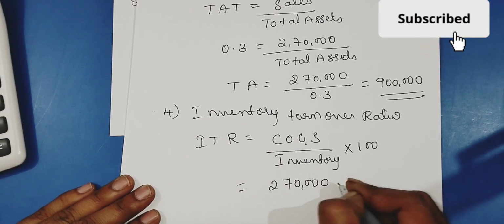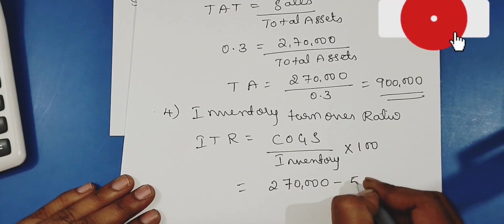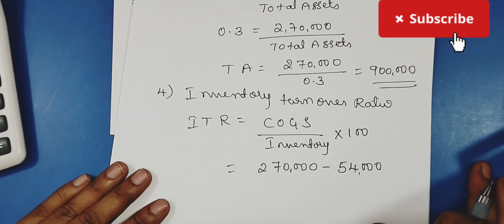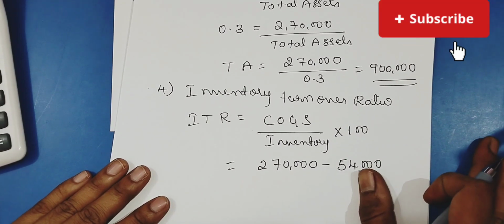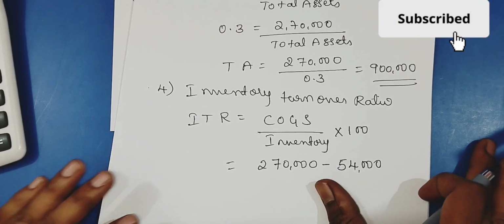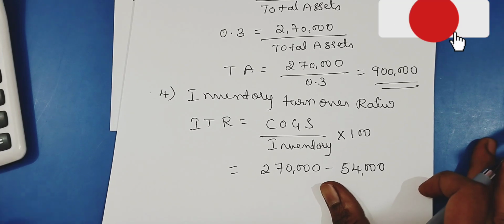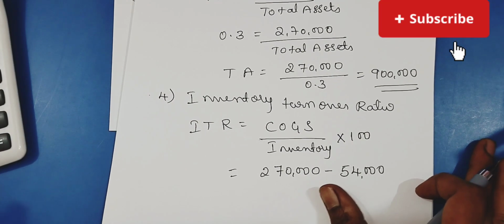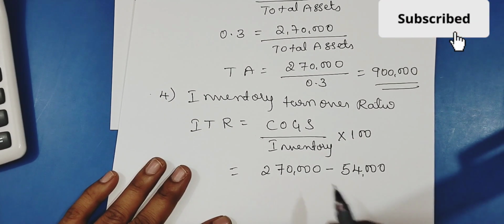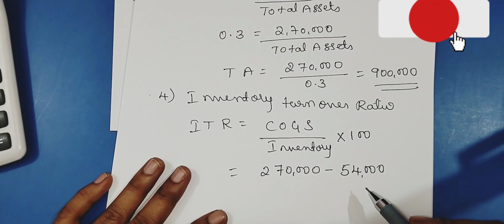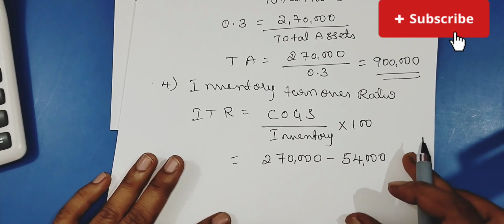From this, if we minus GP, 54,000, we will get COGS. So what do we mean by COGS? Cost of goods sold. Whatever we have spent for the production, that is opening stock plus purchases plus direct expenses minus closing stock. Here we don't have other information, but we have sales. When we have sales, if we deduct the gross profit from sales, we will get COGS.